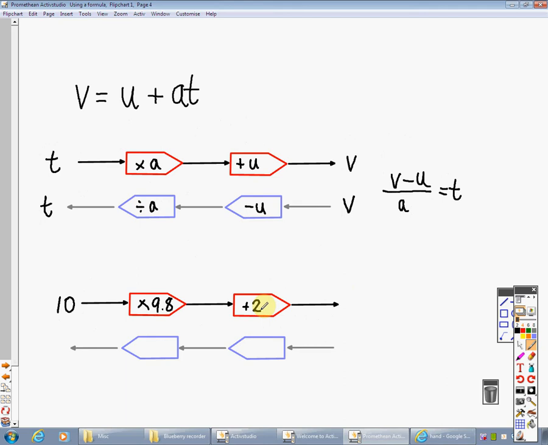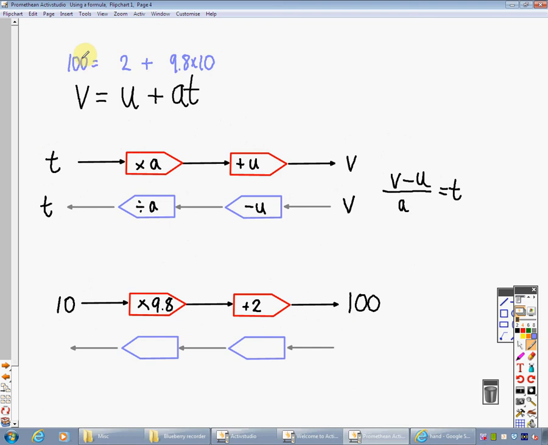And we could put that in the formula at the top as well to be sure that's right. 2, which is initial velocity, plus 9.8 times 10, which is of course 98, does actually equal 100.